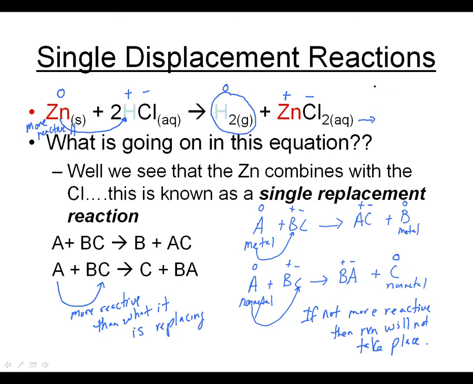In this case, only the zinc and the hydrogen are going through oxidation and reduction, and the chlorine is actually just there to balance out the charge. So it's really just the zinc and the hydrogen happening. So although, again, this is most often classified as a single displacement or single replacement reaction, it also, just like the other two that we saw, falls under the big umbrella of redox reactions as well.